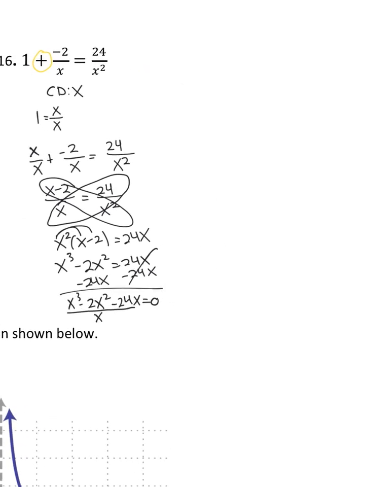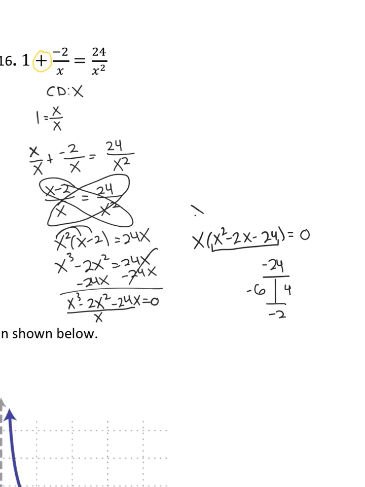So you've now got this. And I care about factoring what's inside of the parentheses. So we've got negative 24 and negative 2. I can multiply 6 and 4 to get there, and I'm going to have a negative 6 because negative 6 plus 4 gets you negative 2.